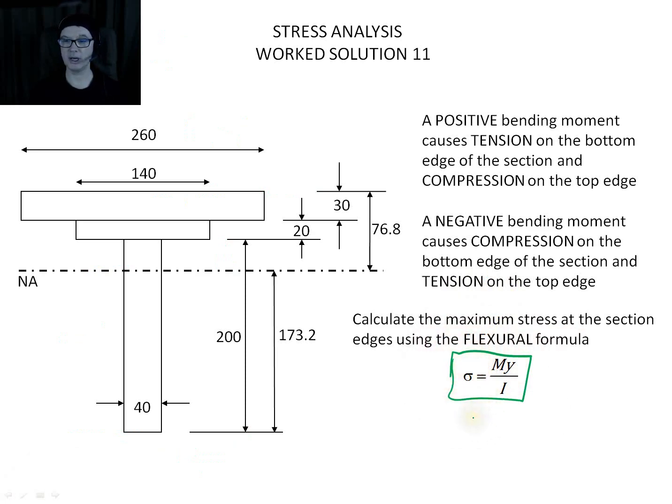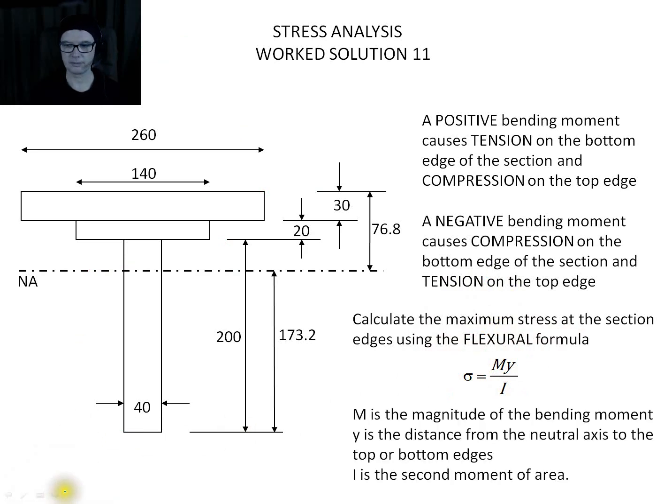Stress equals M divided by I times y. So M is the magnitude that you're going to be reading off from your bending moment diagram. Y is the distance from the neutral axis, and it'll go to the top or the bottom edges, and I is your second moment of area.